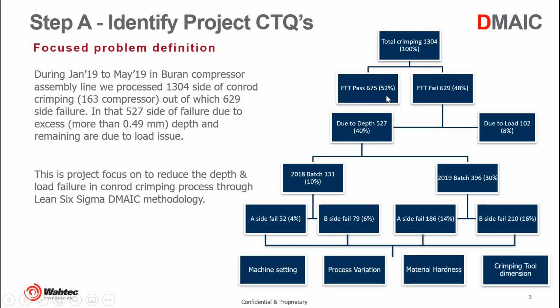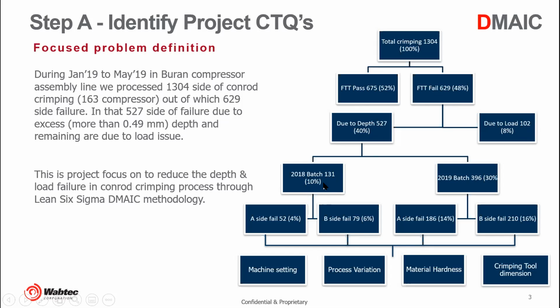If you look at the percentage wise, 52% passed, 48% failed, and that's how we drilled down that 40% out of this 48% was due to the depth issue, and due to the load issue there were 8%, which is 102. And then you go down and look into what was the batch.